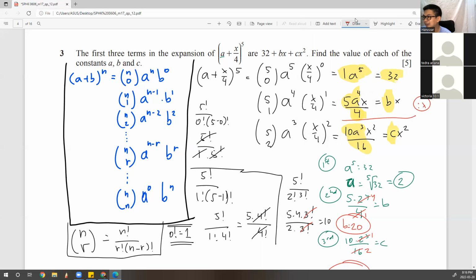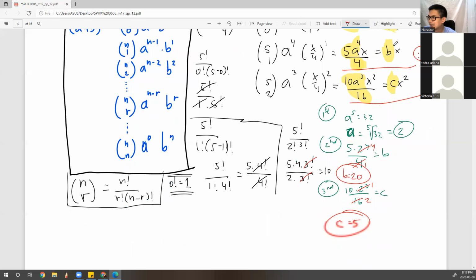So I can just write 5a power 4 over 4 equals b. And I can just divide by x squared here. So I get the simple equation 10a cubed over 16 equals c. Get the idea, Vicky? So I just divide by x squared or x on both sides. Understand? Yeah, I get that.